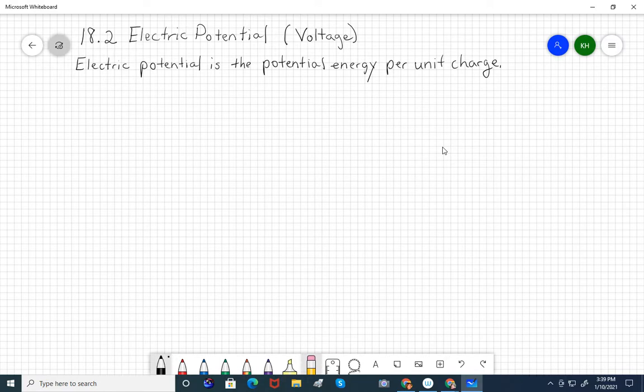So you can think if you had the amount of potential energy that a particular charge had, and then you divided it by the amount of charge, that would give you electrical potential.